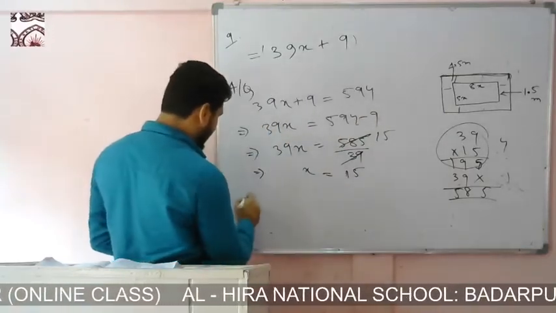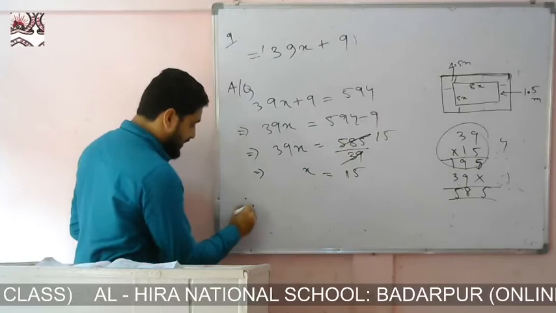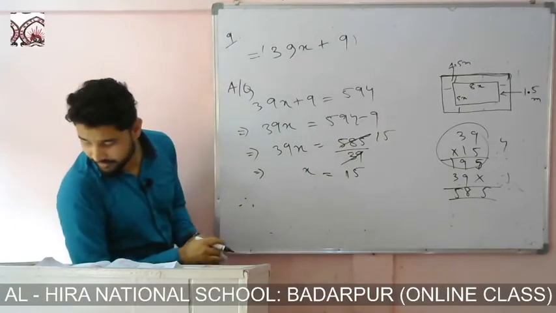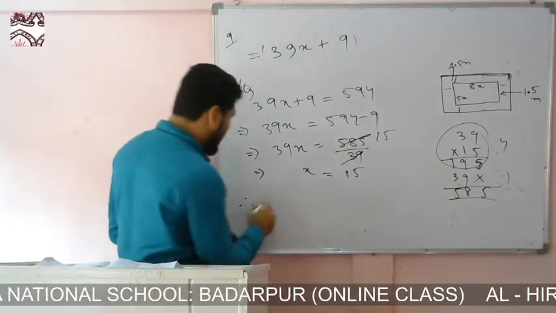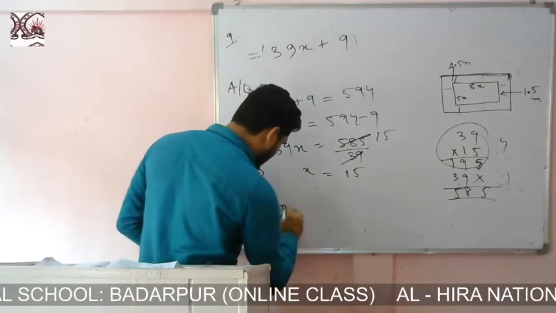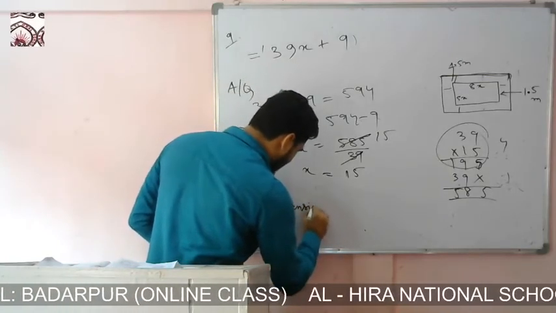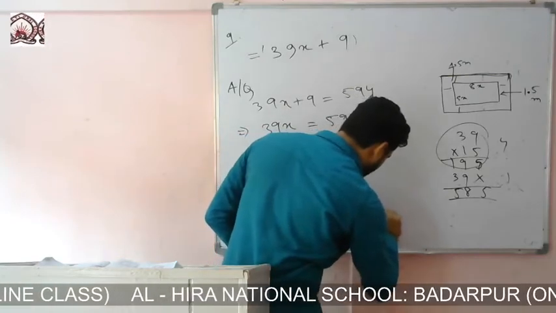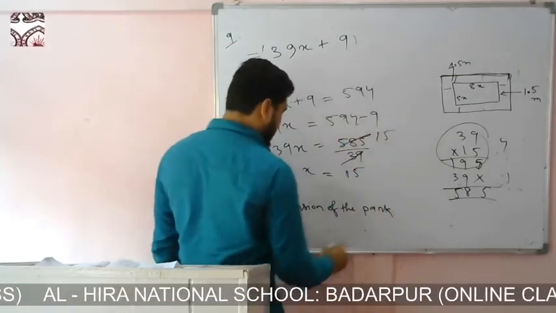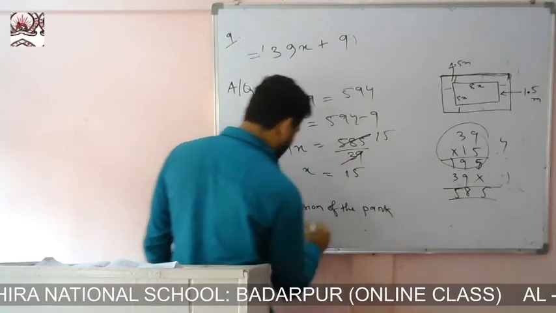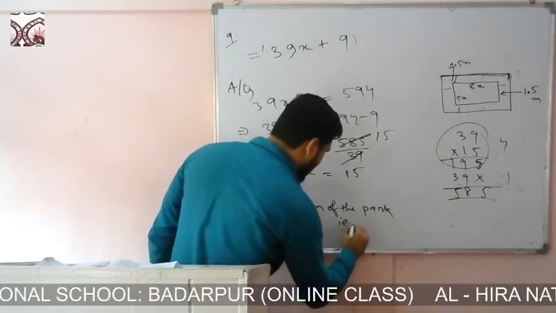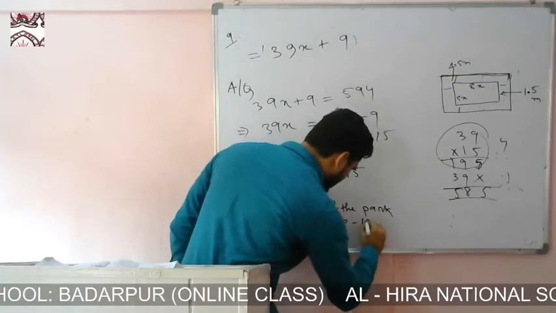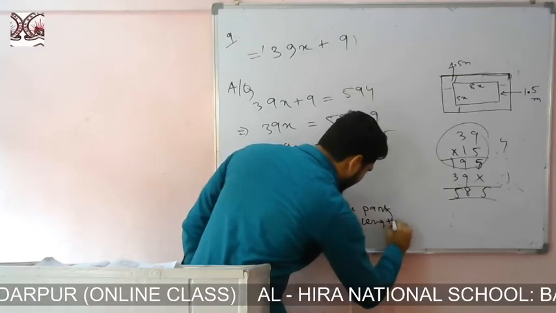Therefore, as is said in the question, you have to find the dimension of the park. Therefore, dimension of the park, that is length and breadth.